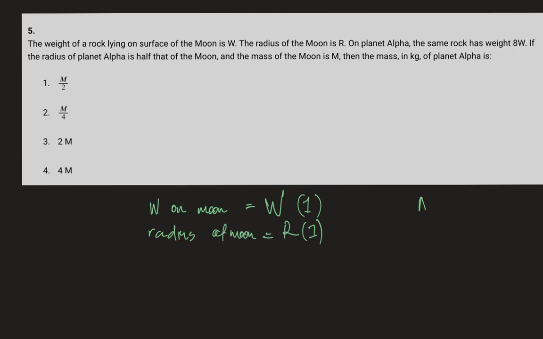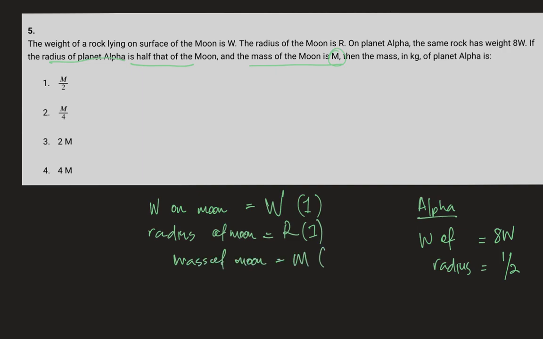On planet Alpha, the same rock has a weight of 8W. If the radius of planet Alpha is half of the moon, so the radius is a half. What is the mass of the moon? The mass of the moon is m, right? Is equal to m, which is also assigned a 1. What do they want? The mass of planet Alpha.